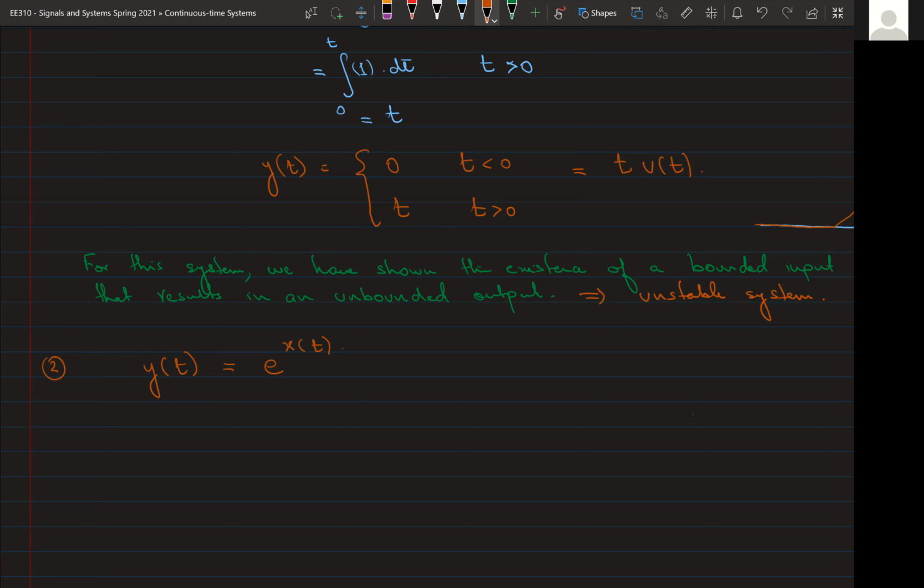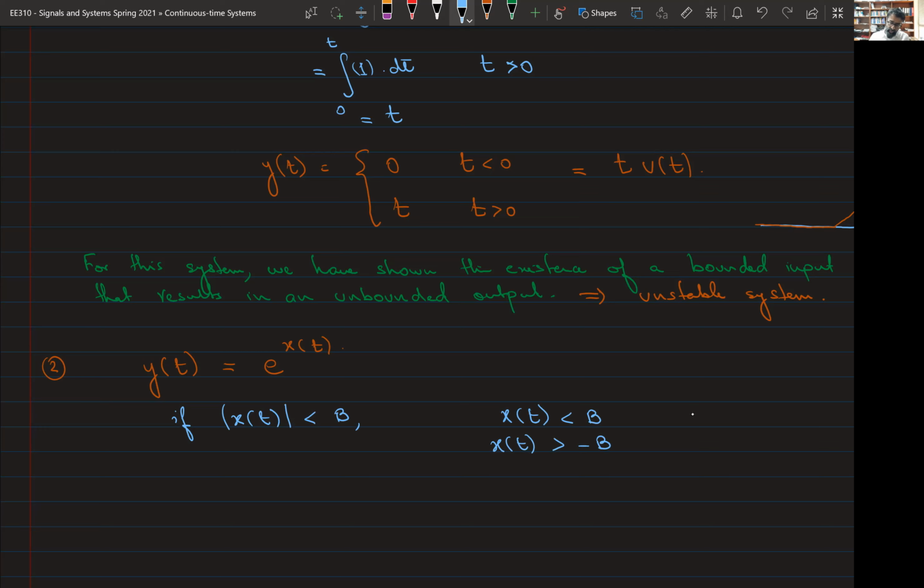So what we conclude is that if the absolute value of x of t is less than b, what that means is that x of t is less than b and x of t is greater than minus b. It's always going to be within minus b and plus b, right?